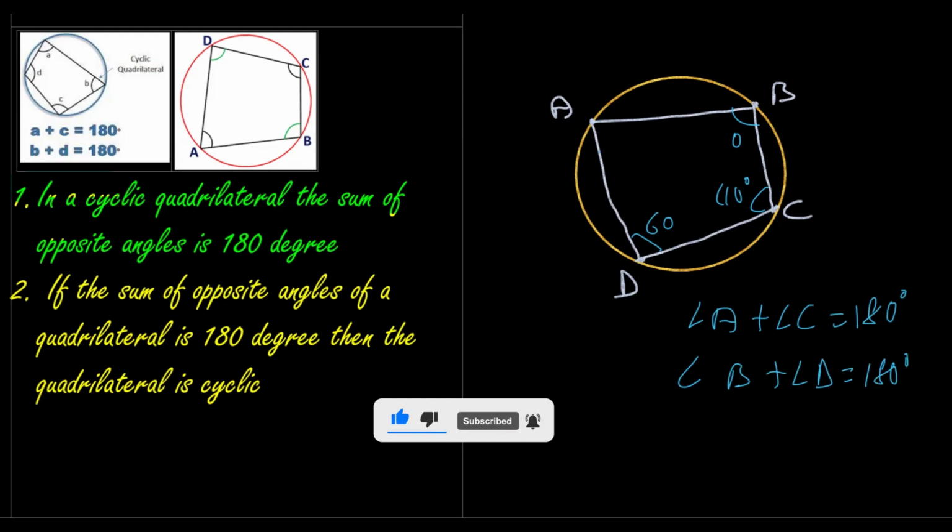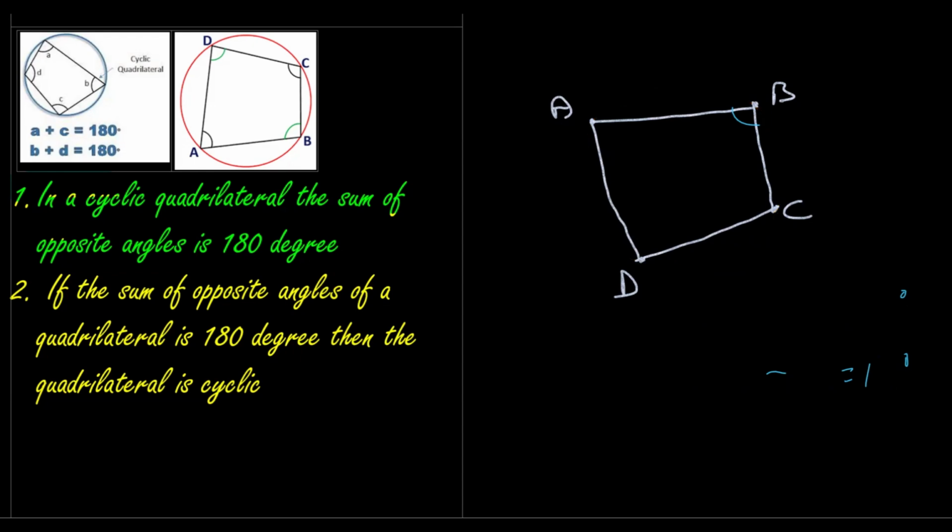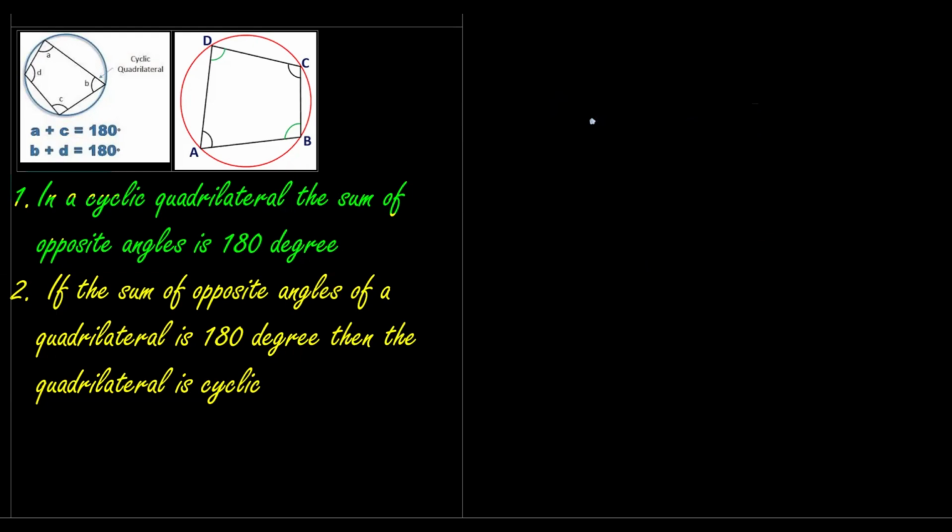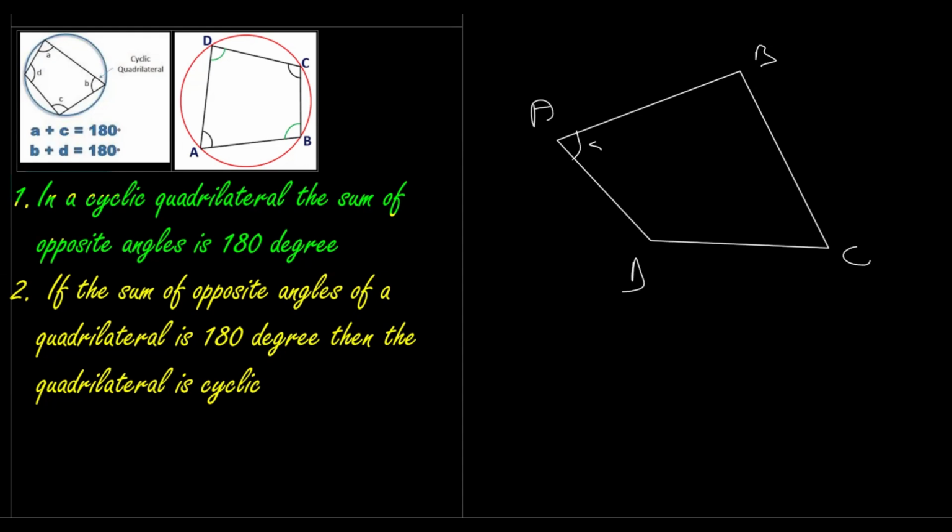And the converse is also true. That means even if a circle is not given, like even if there is no circle, let's say I draw a quadrilateral alone, any quadrilateral, and name it A, B, C, D. If you're given that this angle is, for example, 55 degrees, and the opposite angle here is 125 degrees, then on adding these two angles, angle A plus angle C is 55 plus 125, that's 180 degrees.